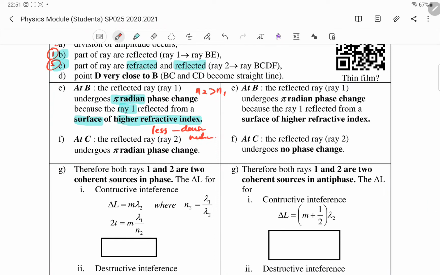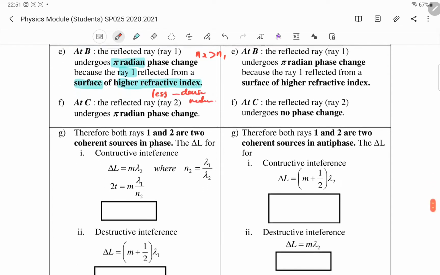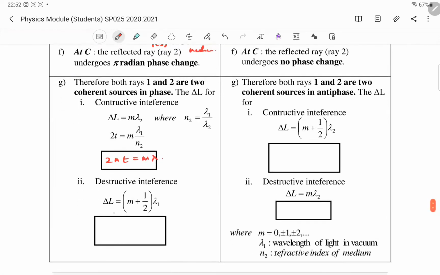Dia letak L for the constructive interference, kita ada 2nt equal to m lambda, and this one for the destructive interference 2nt equal to m plus half lambda. Ini adalah untuk in phase.